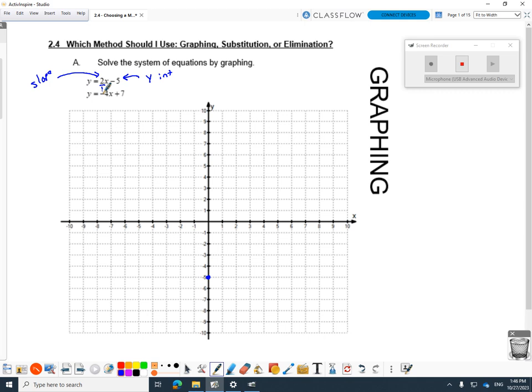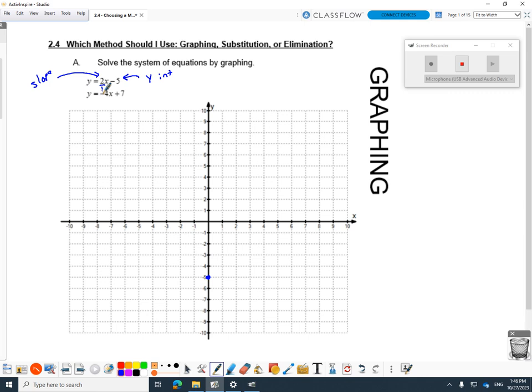Yes? So, to graph this thing, rise 2, run 1. I know some people didn't like graphing, but it's not that bad.